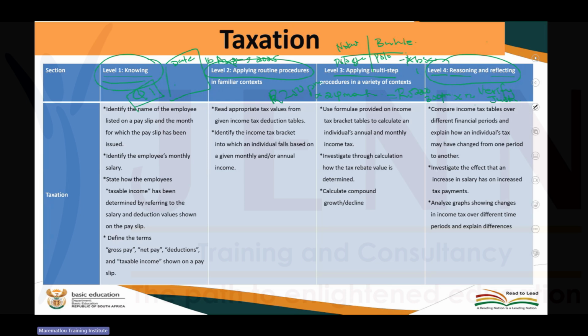They get 20, they get 15. It's not supposed to be like that, because question 1 is only knowing questions that are straightforward and simple. So you must make sure that you grab all those marks.